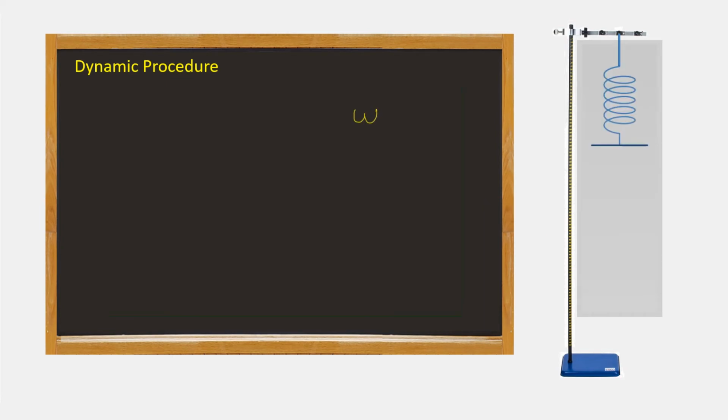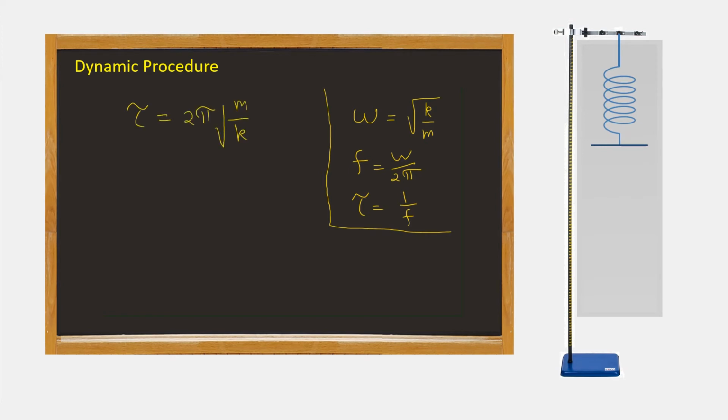So with angular frequency being the square root of k over m, the frequency in cycles per second being omega over 2 pi, and then the period in seconds being 1 over the frequency, we have that the period is 2 pi times the square root of mass over spring constant k. Now if we square that, we get the period squared equals 4 pi squared m over k.